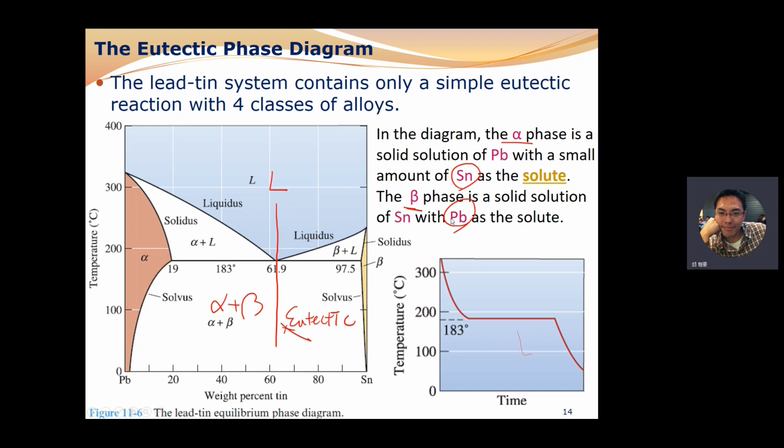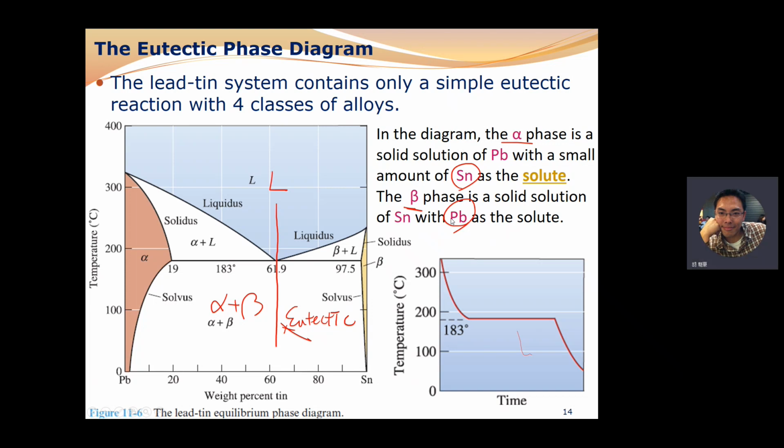And this eutectic reaction occurs at 61.9 weight% of tin and 183 Celsius. So when you develop some solder and want to disperse-strengthen it, you have to adjust the composition of tin to the specific point of 61.9 weight%.